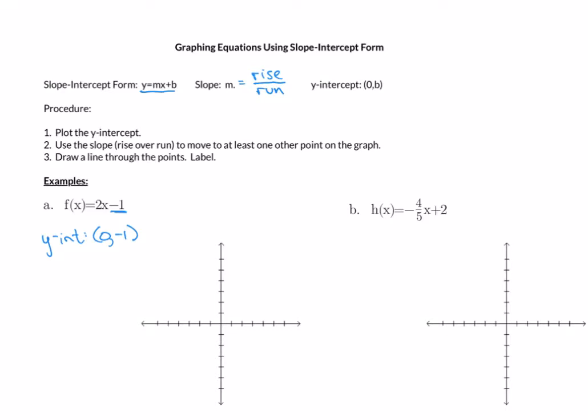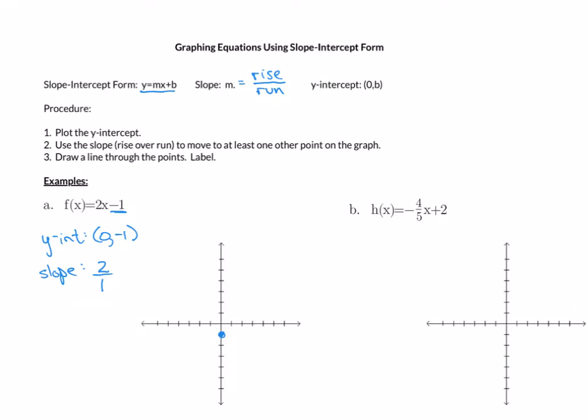So to plot that on my graph, starting at the origin, we're going to move 1 down. Now my slope is equal to 2. And when we talk about graphing, we want to think of this as a fraction. So I'm going to write this as 2 over 1.